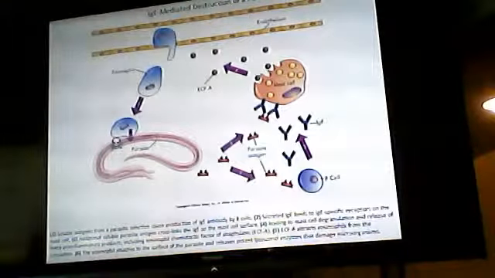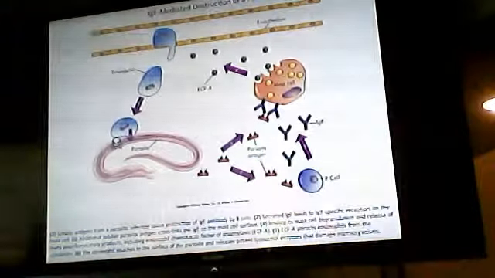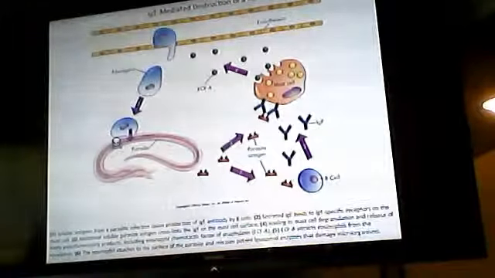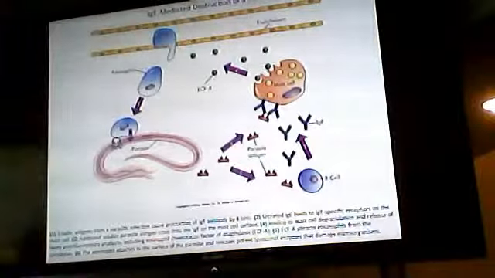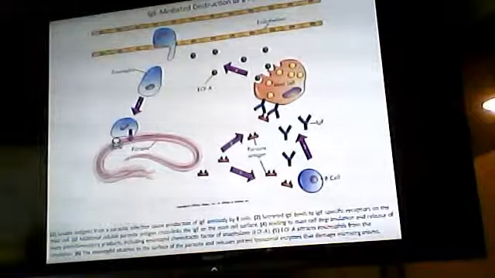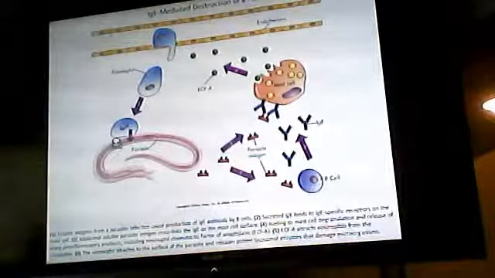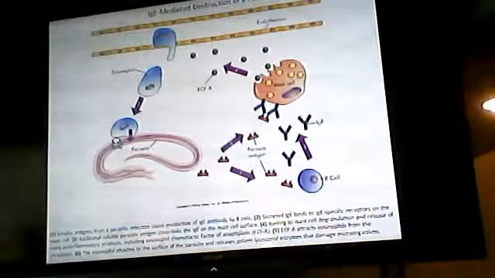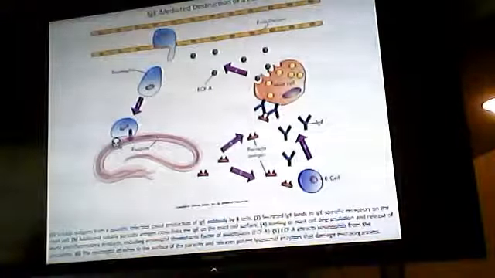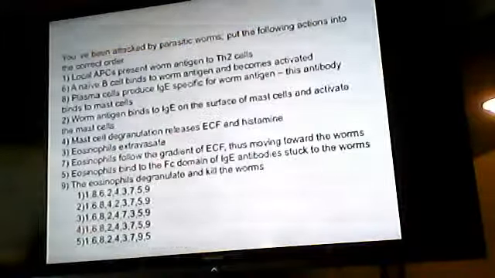The IgE antibodies will bind to the parasitic antigen, and a mast cell will pick up the fact that the IgE are in the system and binding to these antigens. The mast cell secretes this ECF factor that calls over eosinophils, and eosinophils, through a similar process as the neutrophils, go from the blood to your tissue area or wherever the parasite is, and they will start to degranulate all over the worm with lethal enzymes and stuff like that.